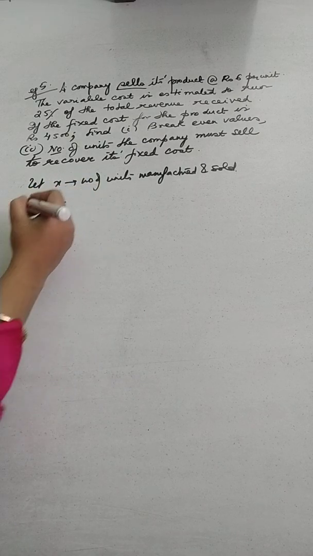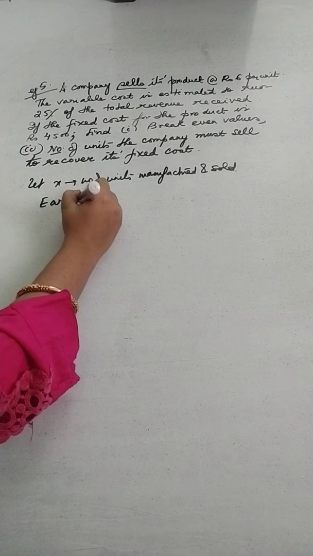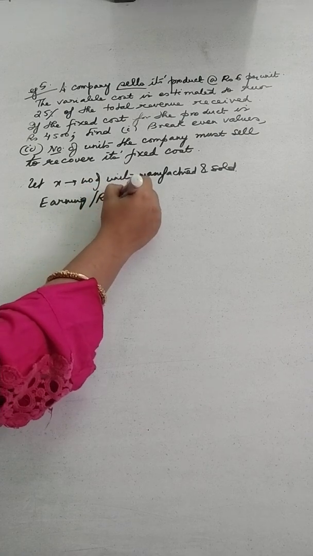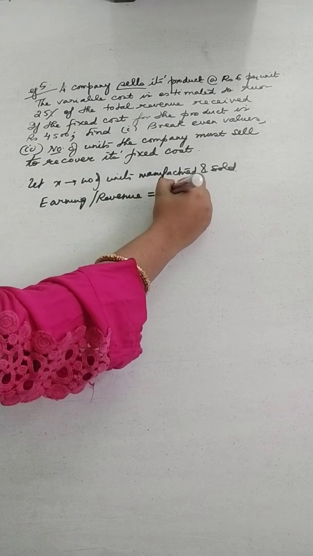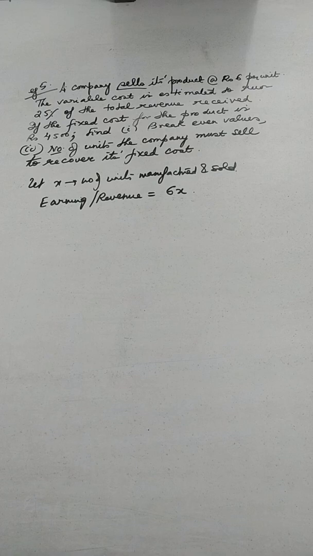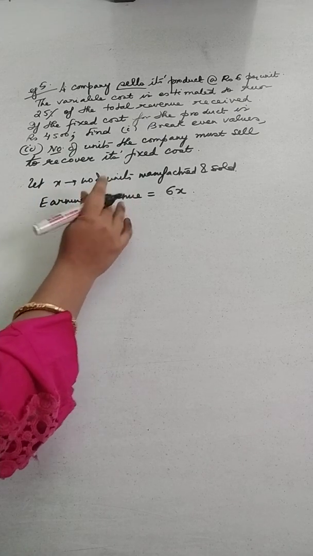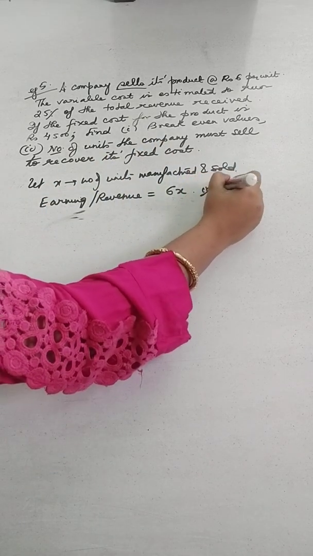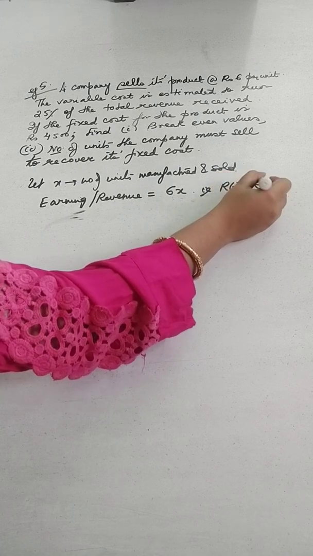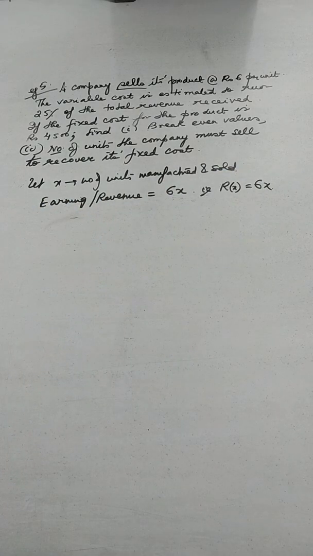Yes, earning, which is your revenue, is therefore 6x, because each is rupees 6. In other words, Rx is your 6x. I'll write that beside it. That is, Rx is your 6x. Now I need the cost function. Okay, what is the total cost function?